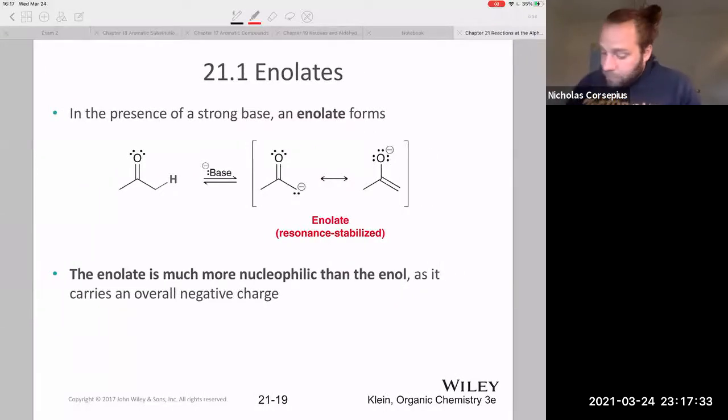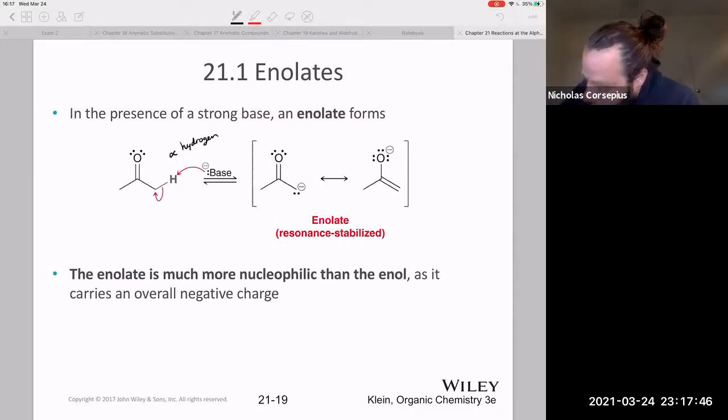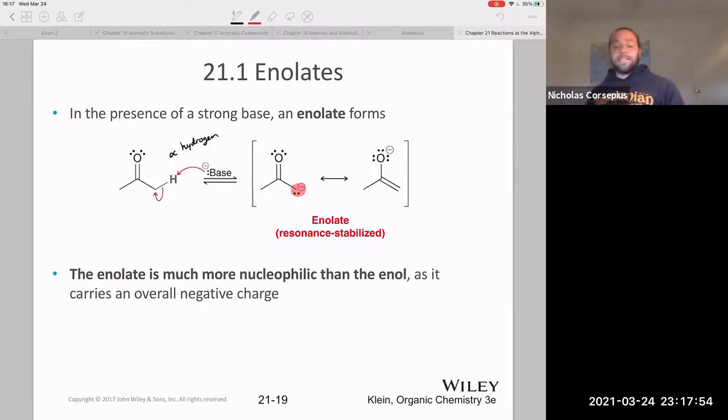And then lastly, under basic conditions, the mechanism that we're going to see over and over again is just the base removing this alpha hydrogen, which we say is relatively acidic. So a base can remove that, and that's going to create this enolate ion where that alpha carbon has a lot of electron density and is thus a good nucleophile.